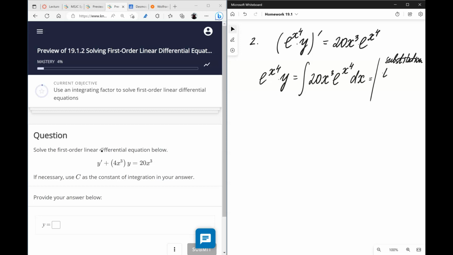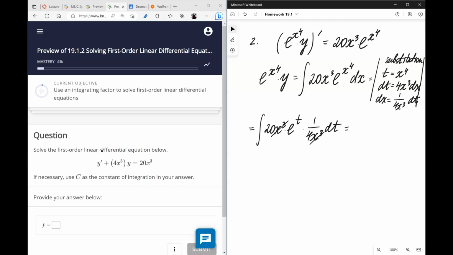So we're going to substitute x to the 4 for t, so dt is 4x cubed dx, so dx will be 1 over 4x cubed dt, and continuing with the integral, we have integral of 20x cubed e to the power t, but instead of dx I'm going to write 1 over 4x cubed dt.